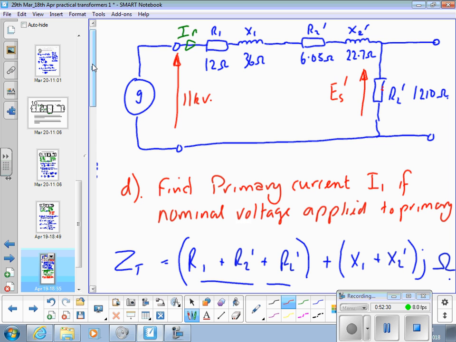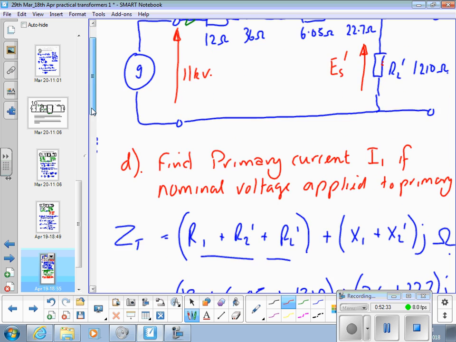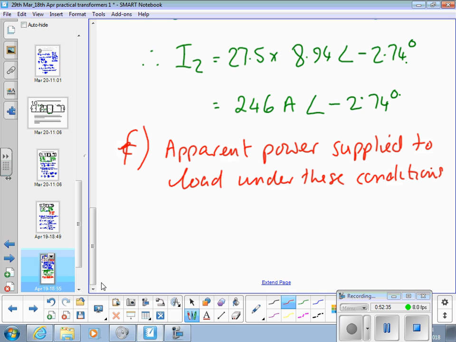Okay, so ES dash is equal to, I'm going to do it in terms of the primary current times RL dash, isn't it?